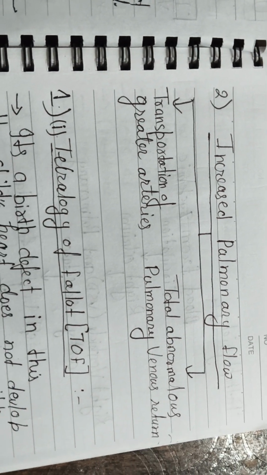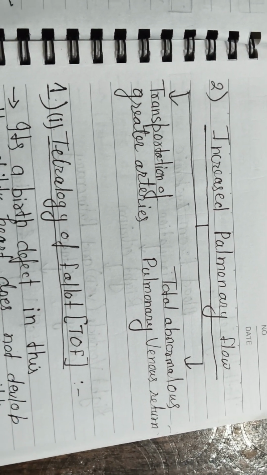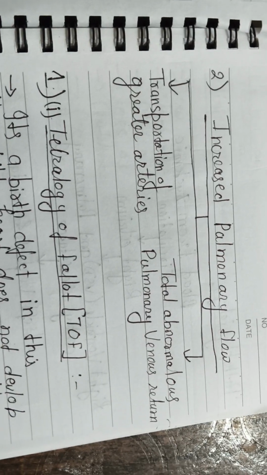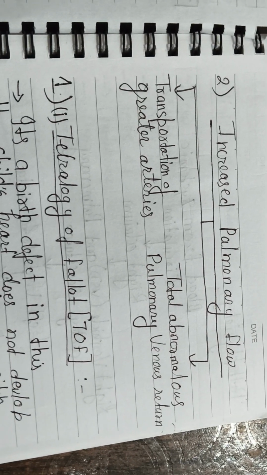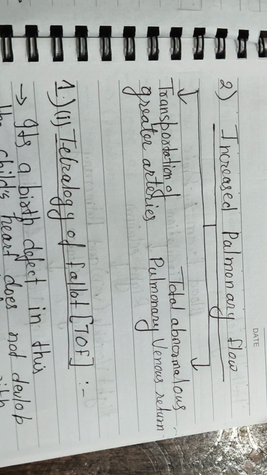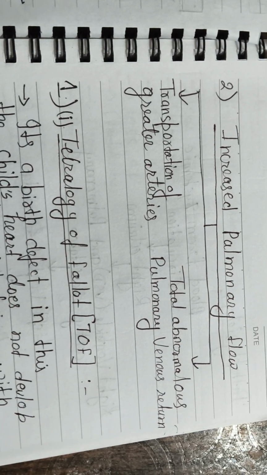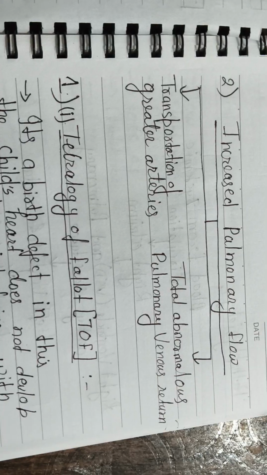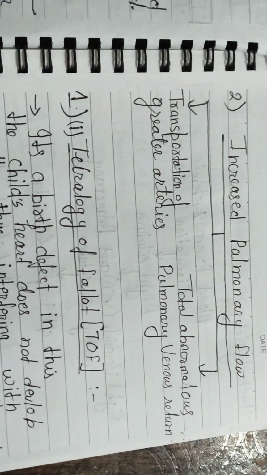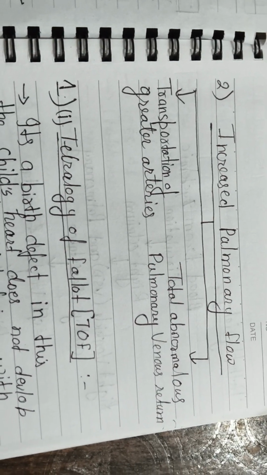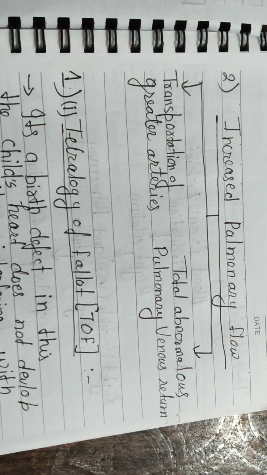Type number 2 is increased pulmonary flow: transposition of the great arteries, and total anomalous pulmonary venous return.